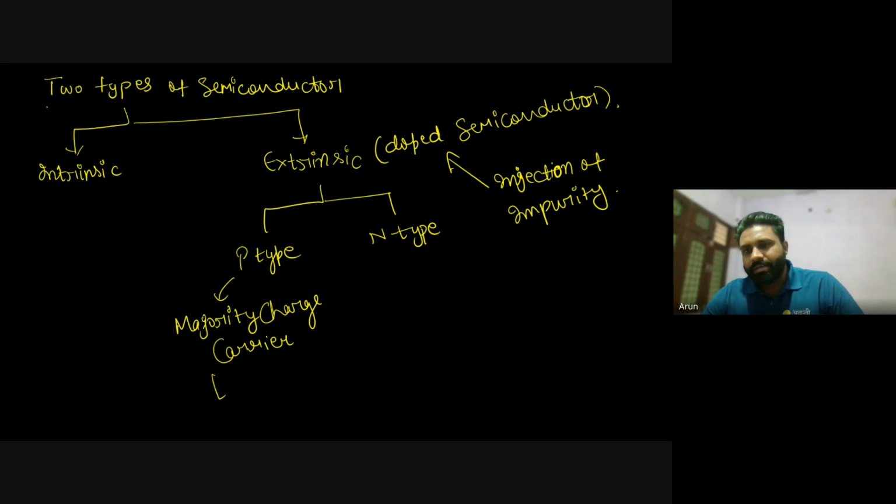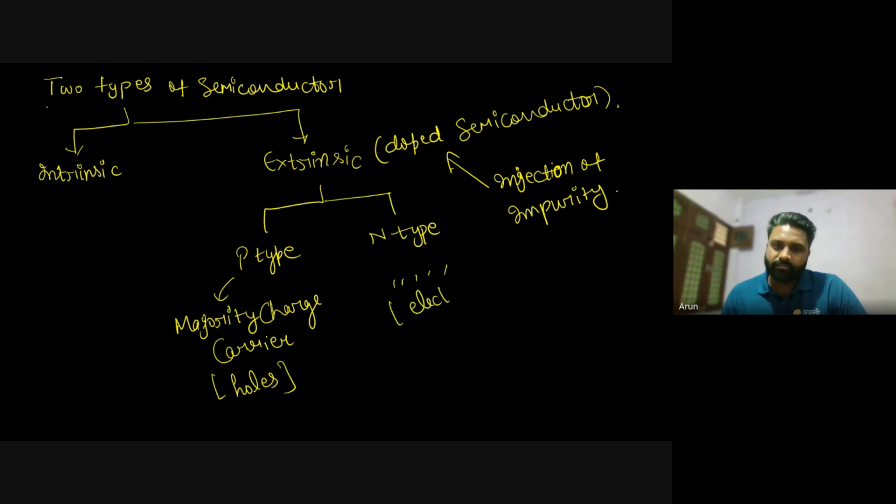It is holes. And in n-type semiconductor, the majority charge carriers are electrons. In p-type semiconductor, what kind of impurity do we use?